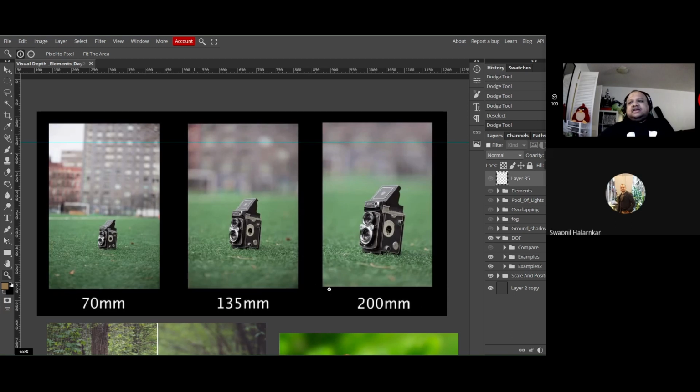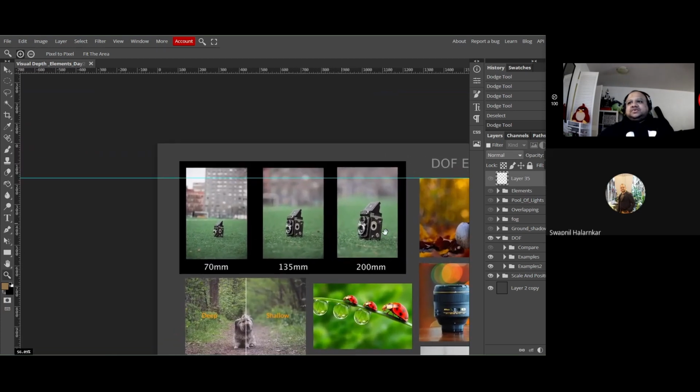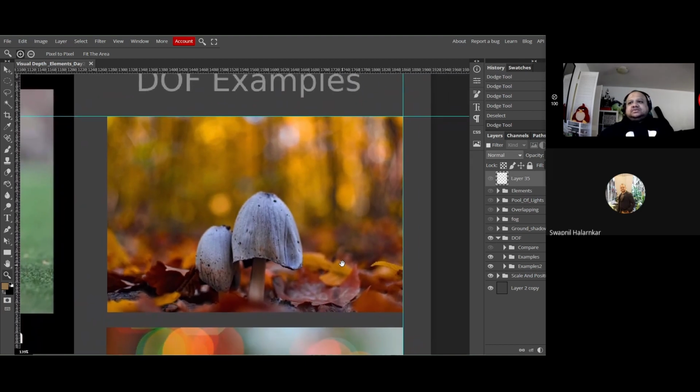So the higher the number on the lens, the more depth of field you get, and the lower the number, the lesser the depth of field. But then it also depends on what kind of f-stop you use. This is just an example I wanted to show.